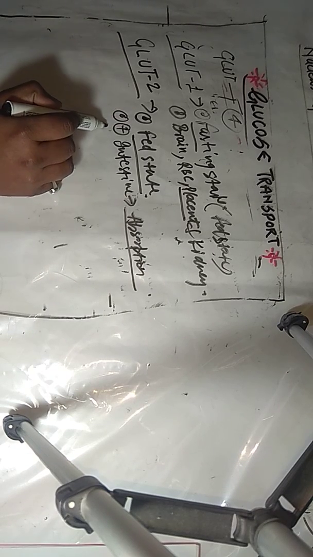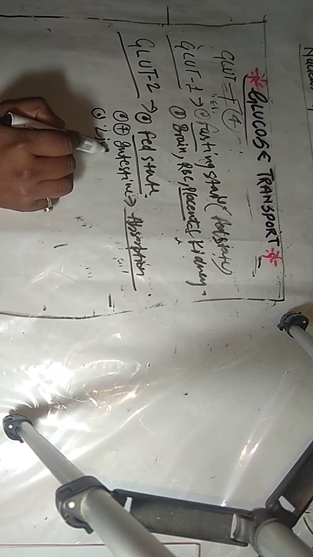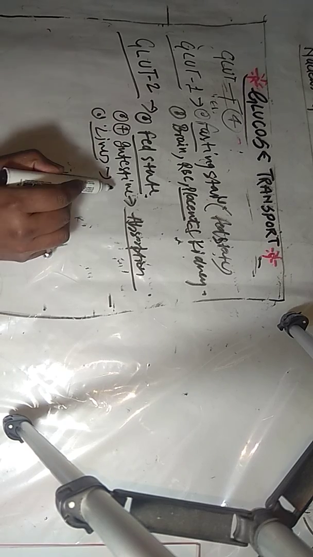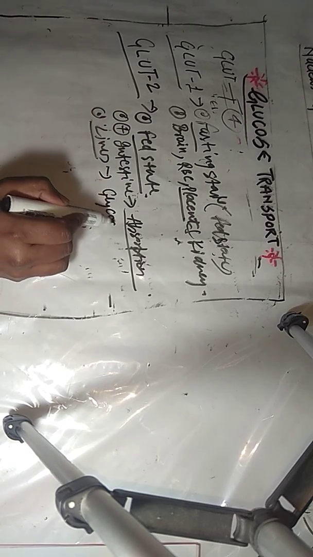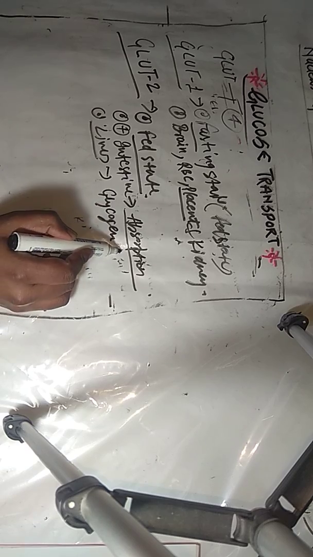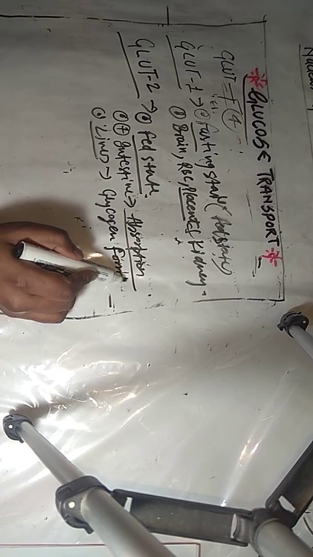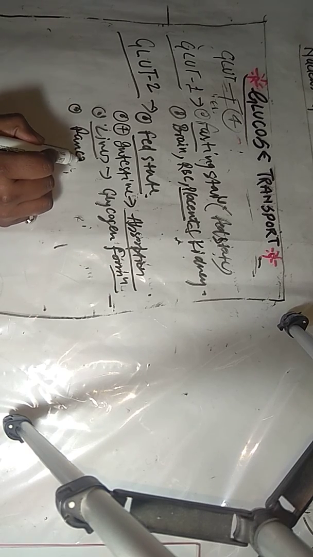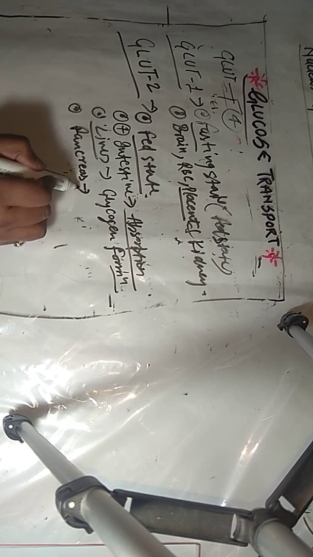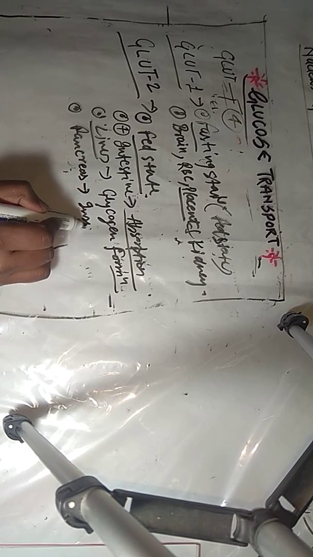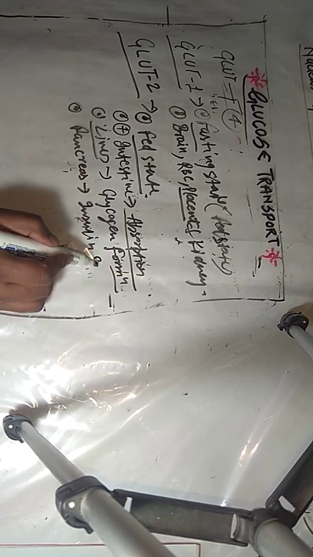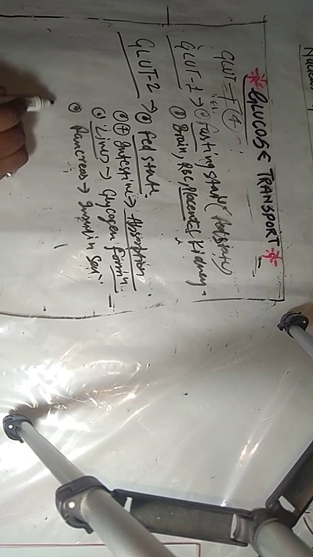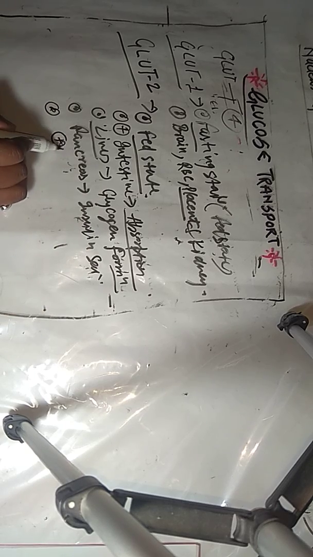And in the liver, it helps in glycogen formation by transporting the glucose. In the pancreas, it helps in insulin secretion, and it is also present in the kidney.